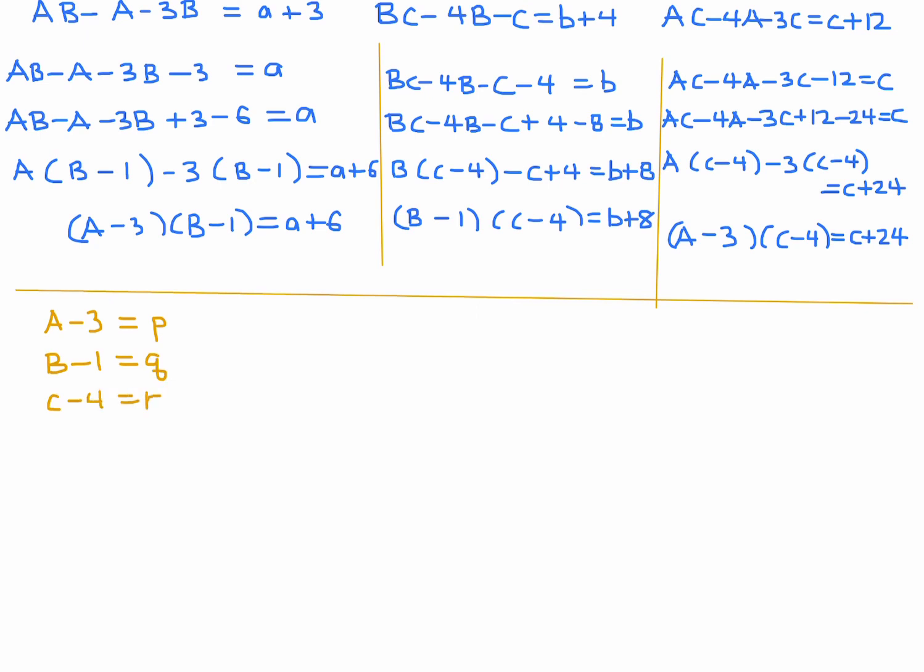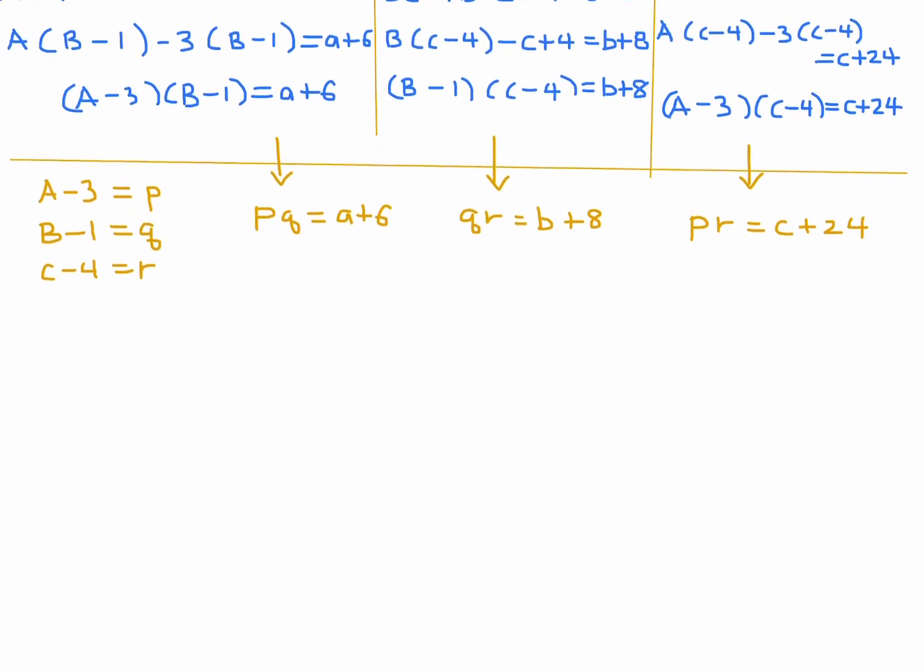So now these equations basically become p times q is equal to a plus 6. This one becomes q times r is equal to b plus 8. And this one becomes p times r is equal to c plus 24. All right.